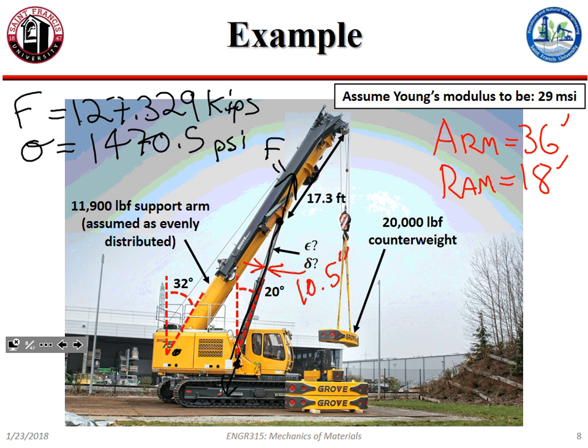I converted kips to regular pounds. Okay, so you did 127,329 divided by whatever the area was. Cool. Did you get a similar answer? Oh, you're still doing it. Okay, cool.